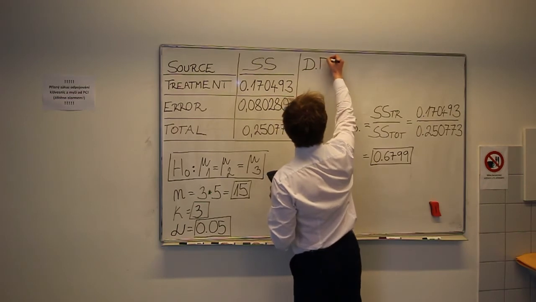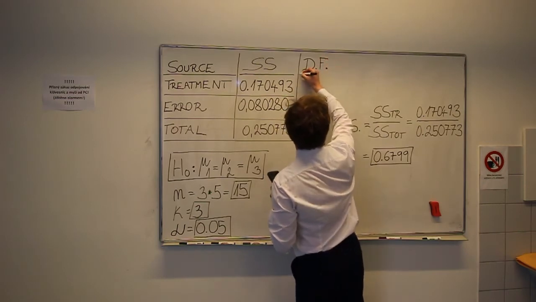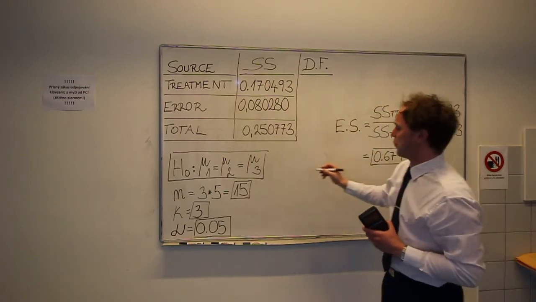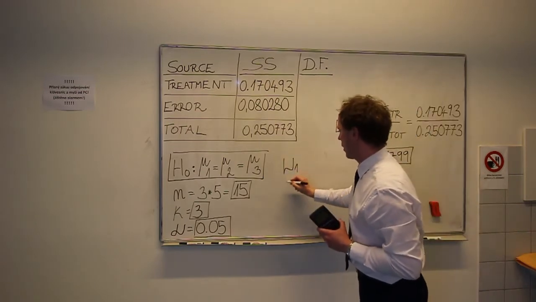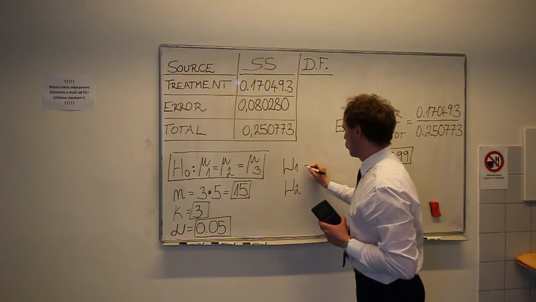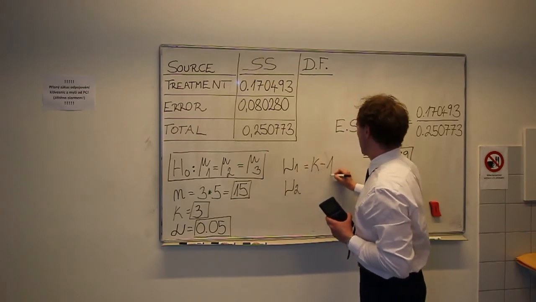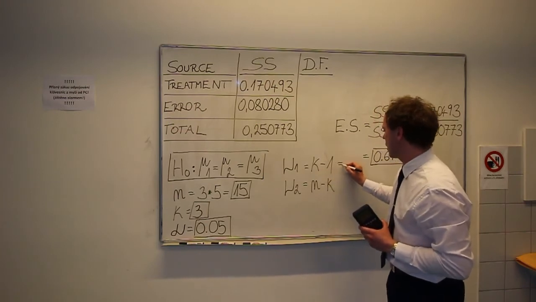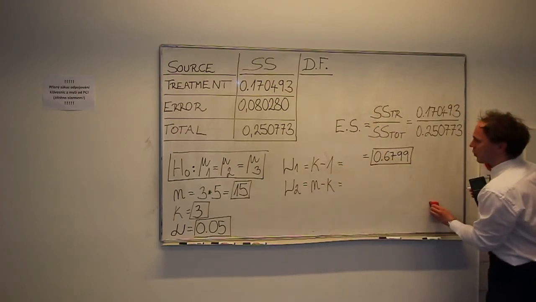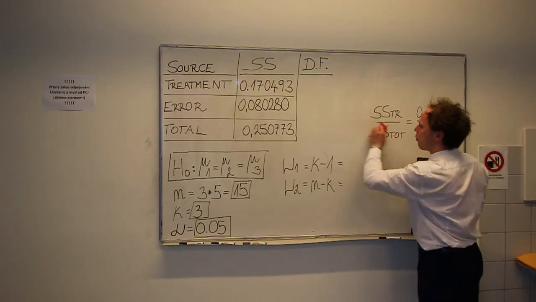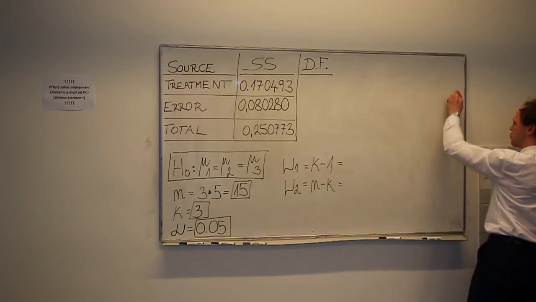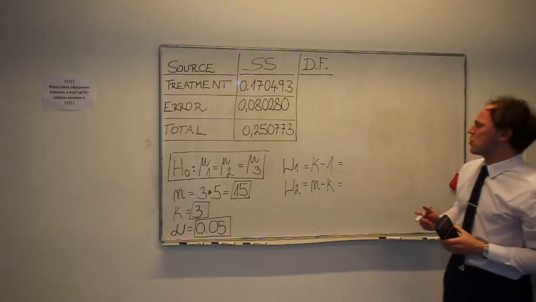Degrees of freedom. This is very important. We have two degrees of freedom, ν1 and ν2. ν1 is k minus 1, ν2 is n minus k. Do you remember from our formulas? We have three groups and 15 observations.